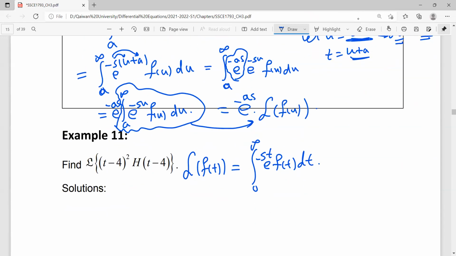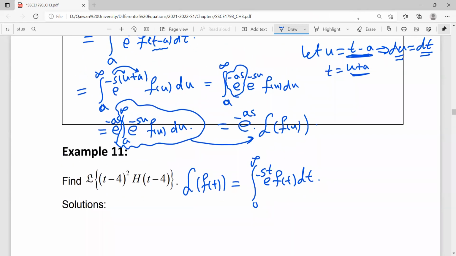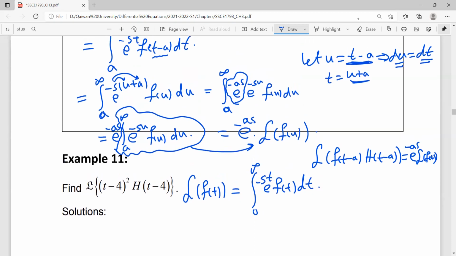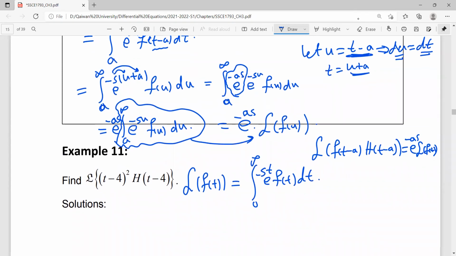That means the Laplace transform of f of t minus a times h of t minus a equals e to the power minus as multiplying by the Laplace transform of f of t. Here t and u are both variables. So that's the result.